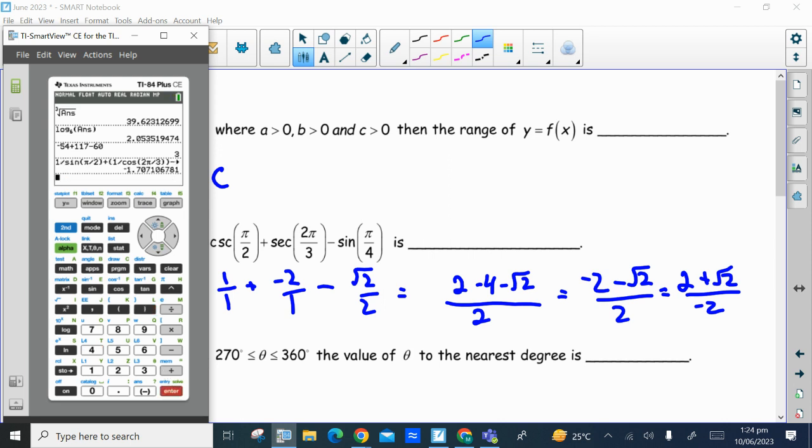Is that decimal? So if I check my answer, 2 plus the root of 2 in brackets divided by negative 2, same decimal. So our answer is correct. It's just an exact value.